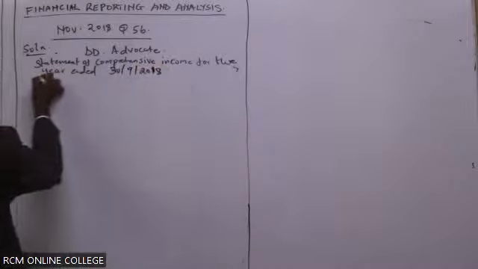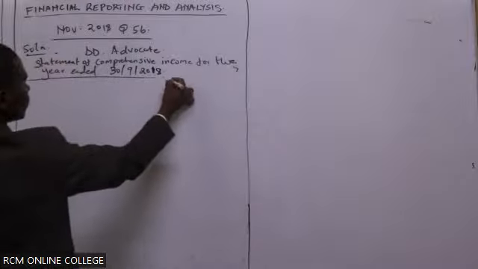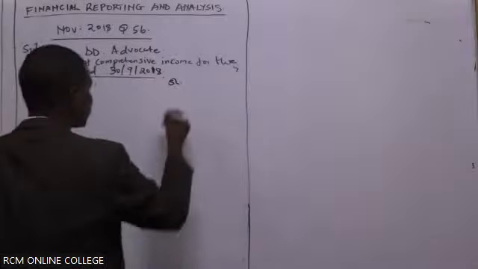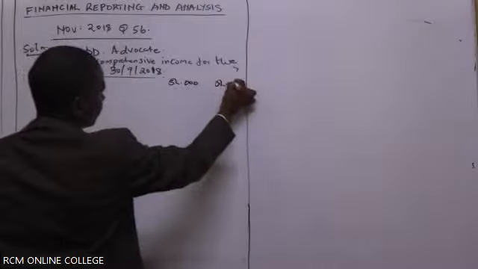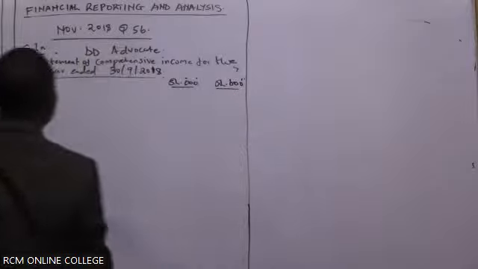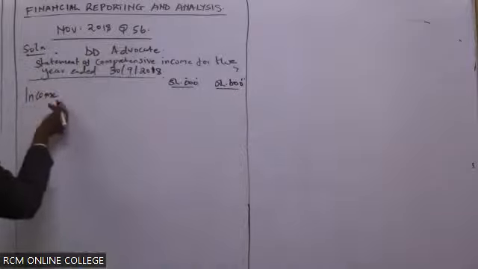As we said, you can have 2 columns. Shillings can be in 1,000. So income for the advocate.